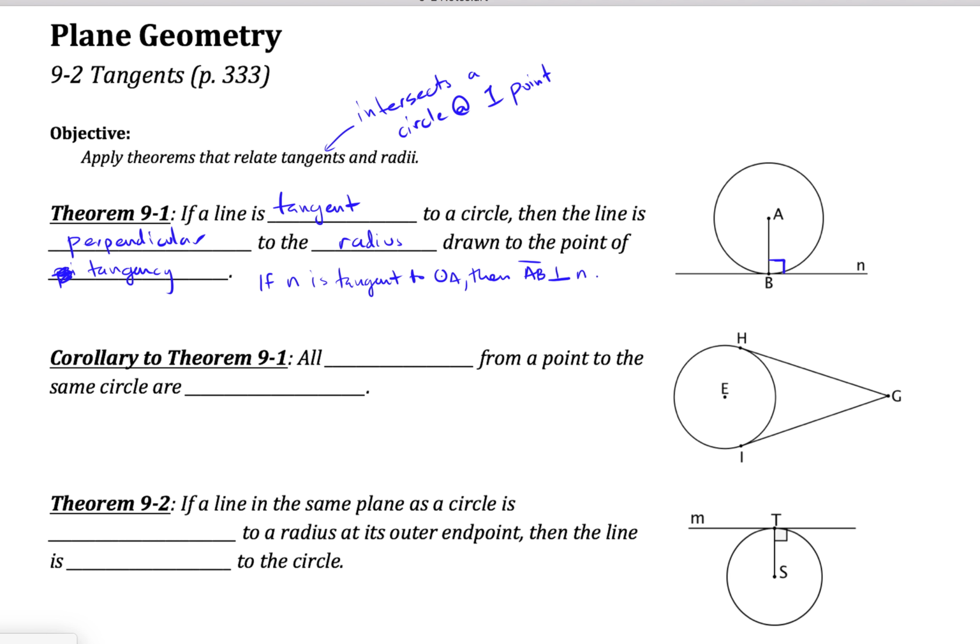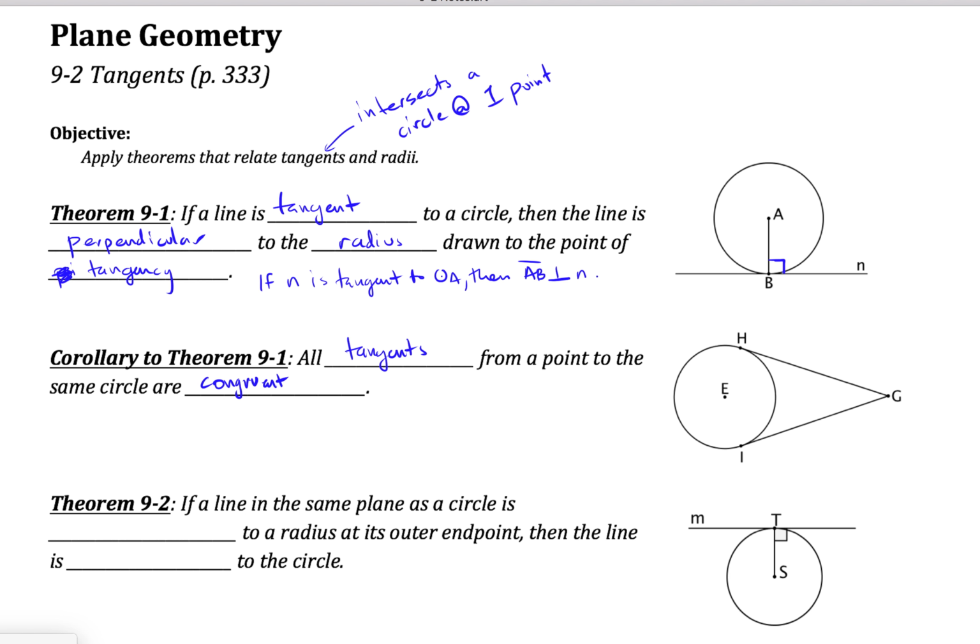One of the things that we can learn from that, if we extended this idea of perpendicular, is that all tangents from a point to the same circle are going to be congruent. There's a nice little proof of this that we're not going to get into at this point.